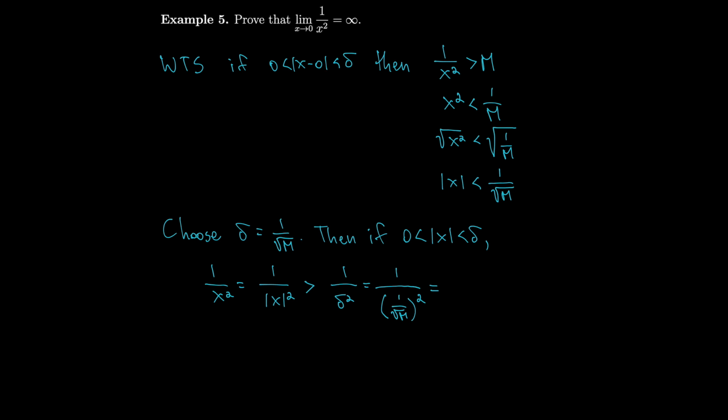And that means that the square root gets canceled by the square, leaving M. So 1 over x squared will always be bigger than M, as long as we choose delta to be 1 over square root of M. So the limit as x approaches 0 of 1 over x squared equals infinity, which, remember, is a fancy way of saying that it doesn't exist, but it gets arbitrarily large.